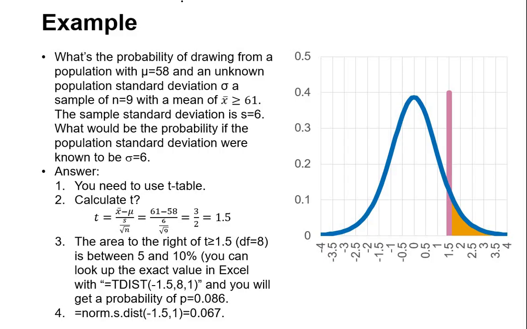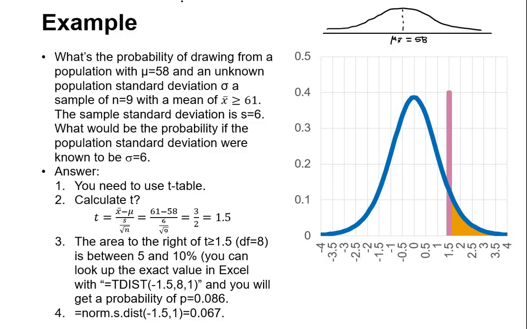So the sampling distribution now looks something like this. I have to make it a little bit flat, but we have a normal distribution like this. And we know that the mean is 58. So we know that from the central limit theorem, the mean is an unbiased estimator. So the mean of the sampling distribution is now 58. But we don't know the population standard deviation.